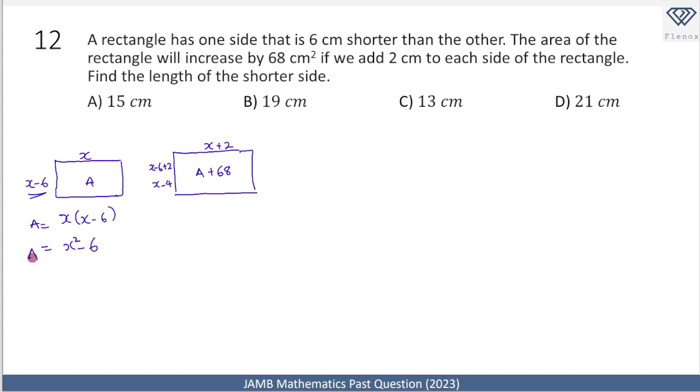Now from our second rectangle, or from the scenario that we're given, the area is just going to be what?